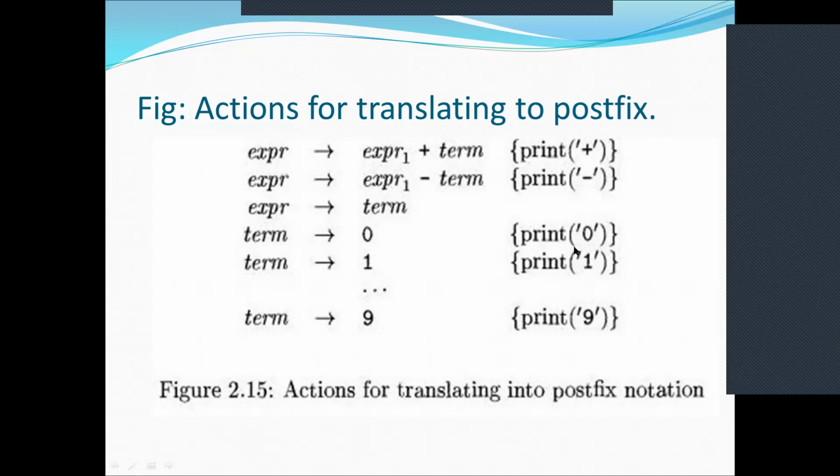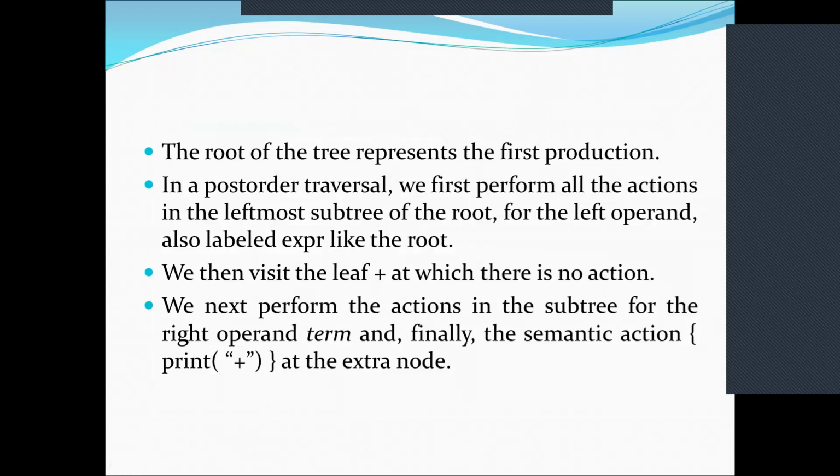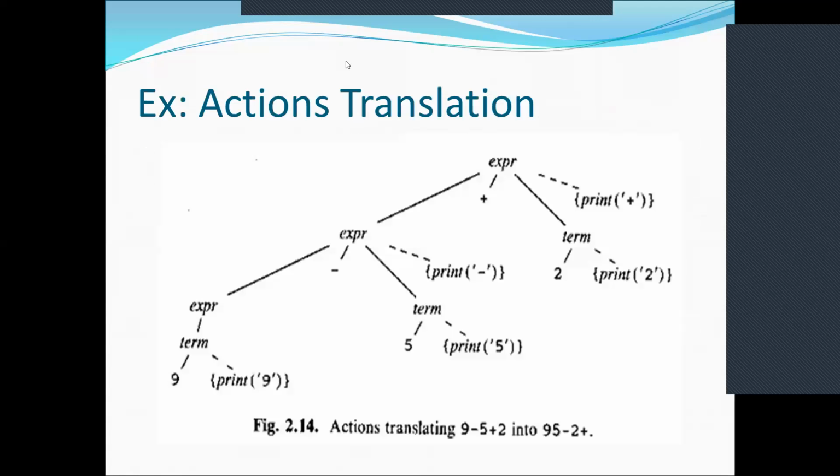So every time the print will be 0 or 1 or 9, that is the action to be taken. These are the actions for translating it into the postfix notation. Now here the root of the tree represents the first production, as you can see, this is the first production, expression.